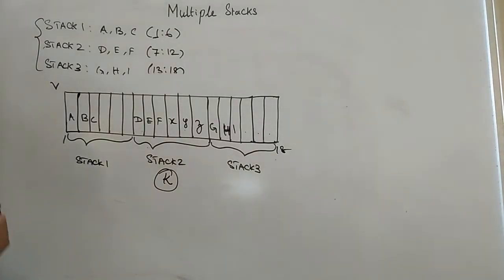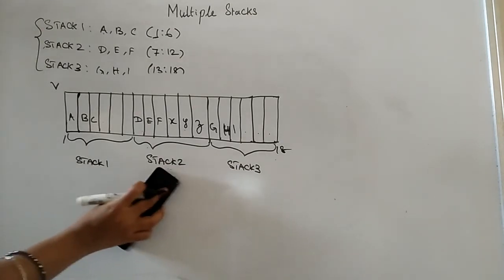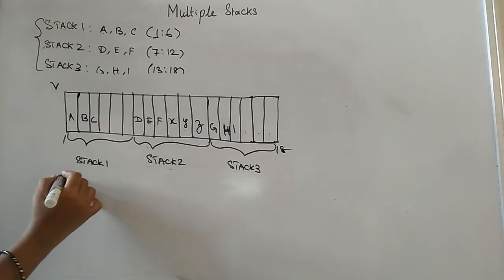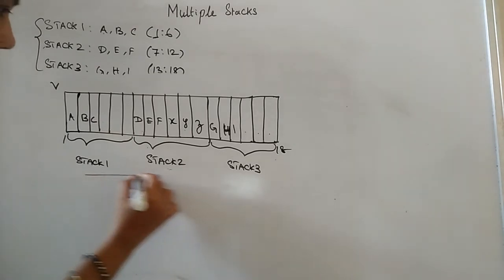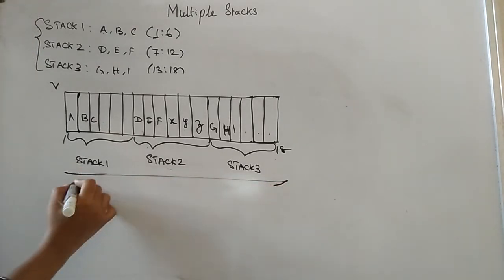So what would the diagrammatic representation be after shifting, just as an example?